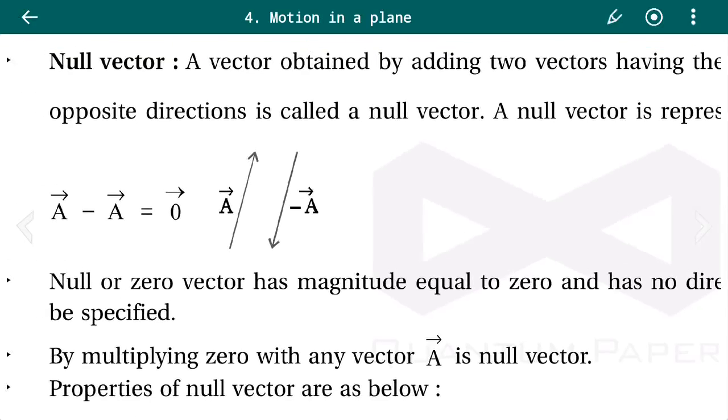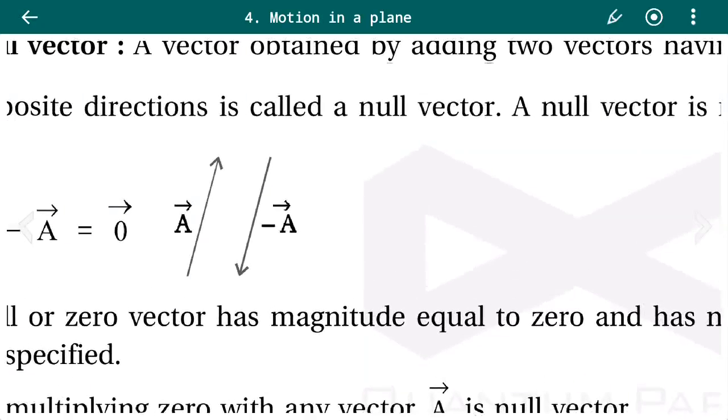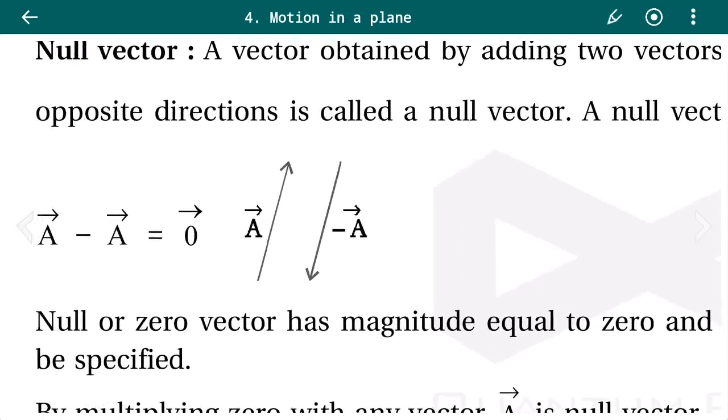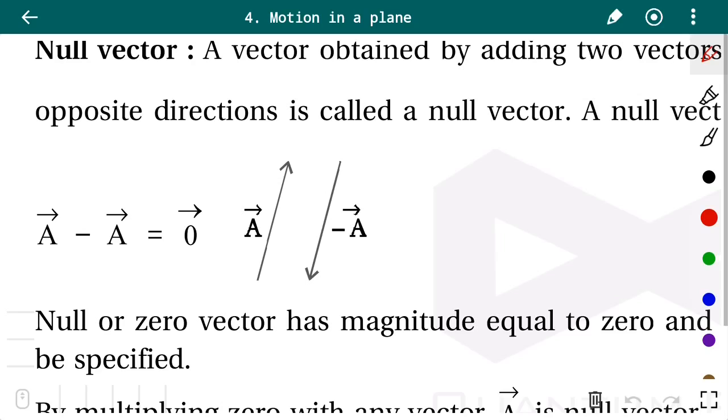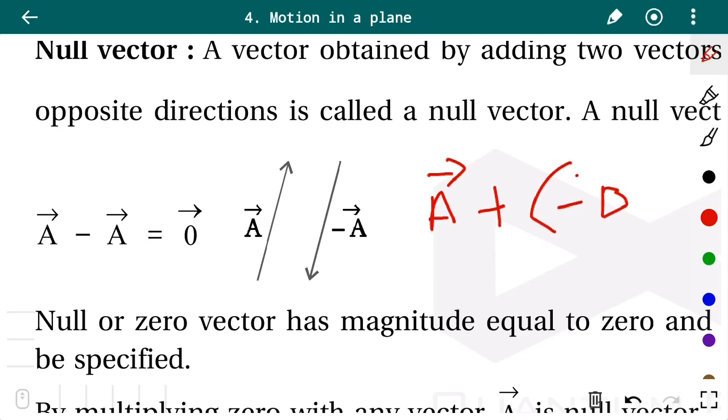Suppose you take vector A, as you can see in this figure, then minus A vector has the same magnitude as vector A, but it is in the opposite direction. So when you add these two vectors, we have already learned the addition and subtraction rule. When we need to do the subtraction, first we take the plus symbol and take the other vector with a negative sign.